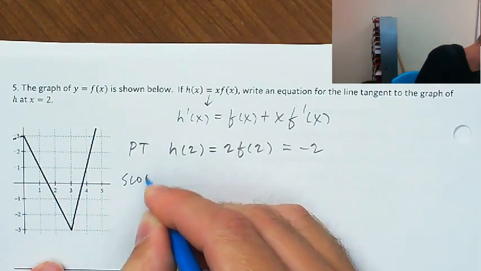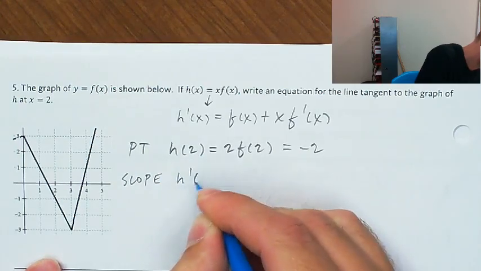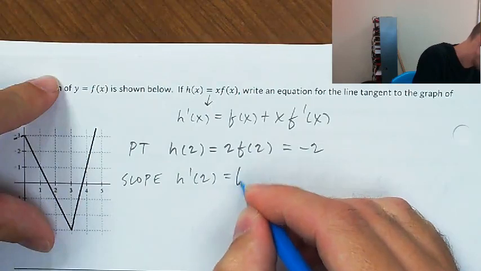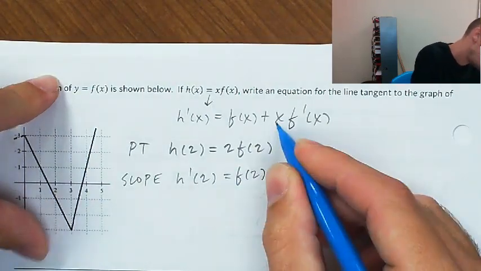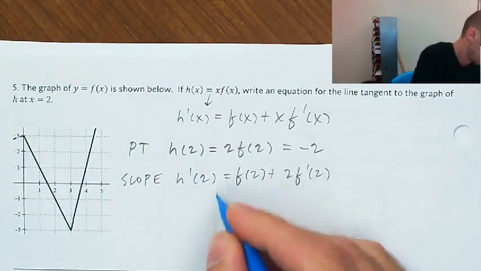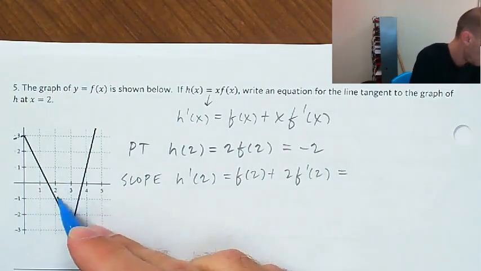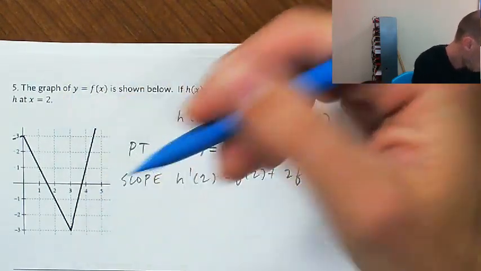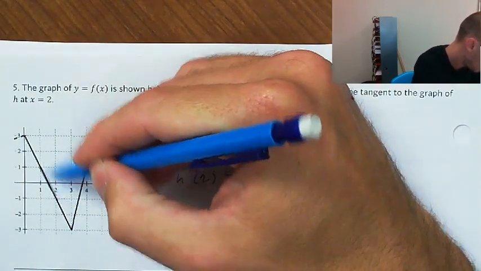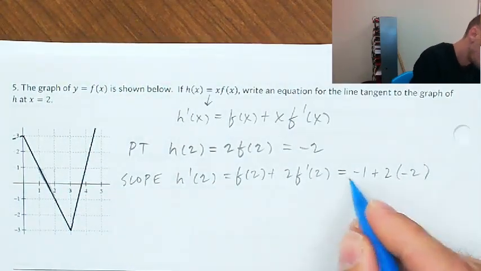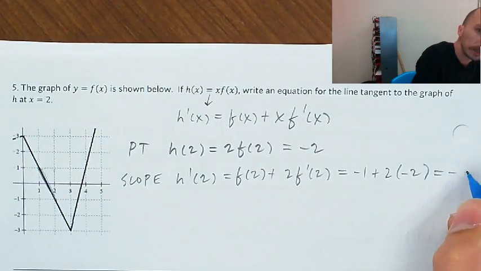Then the slope would be h prime of 2 equals, and I'm going to plug in over here, so it would be f of 2 plus 2f prime of 2. Okay, f of 2 we determined was negative 1. And then f prime of 2 is going to be negative 2 because it went over 1 down 2. Okay, so negative 1 plus negative 4, that's going to be negative 5.